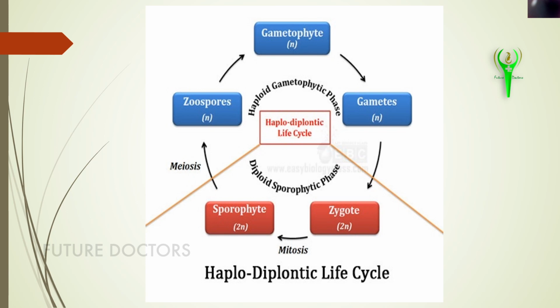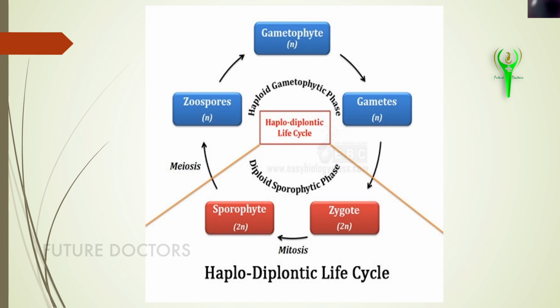A dominant independent photosynthetic thalloid or erect phase is represented by a haploid gametophyte, and it alternates with the short-lived multicellular sporophyte, totally or partially dependent on the gametophyte for its anchorage and nutrition.